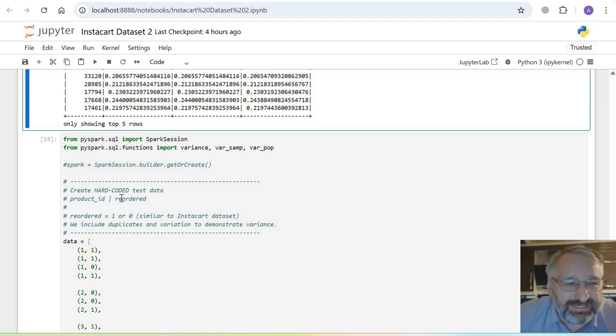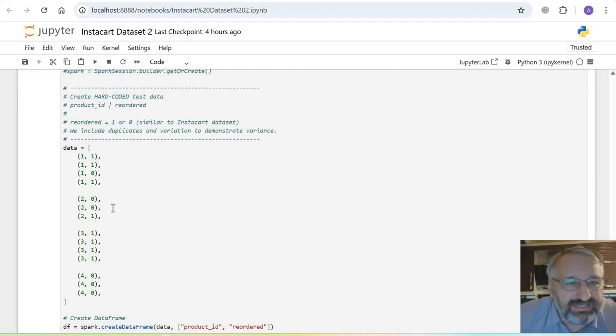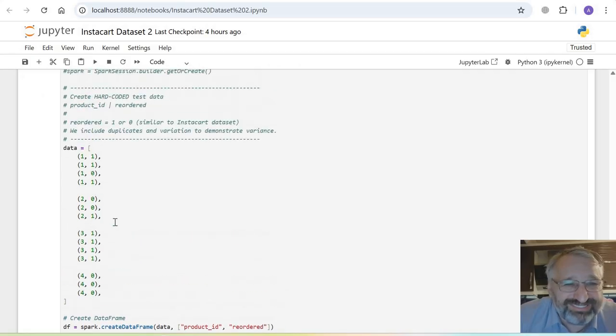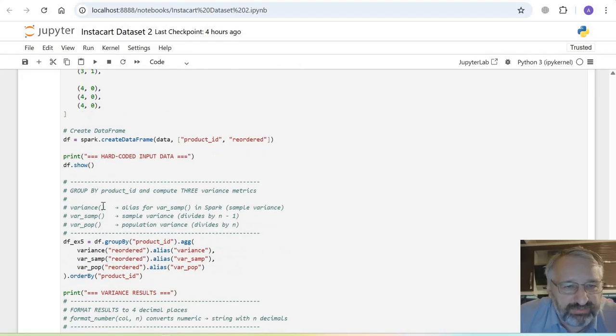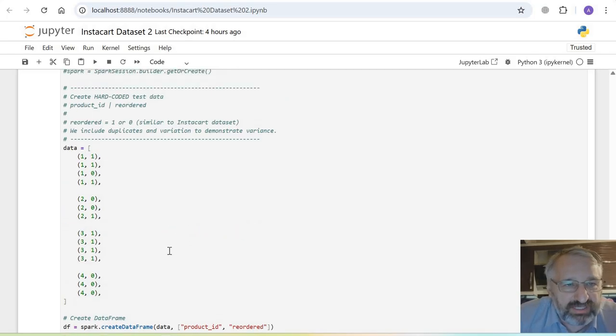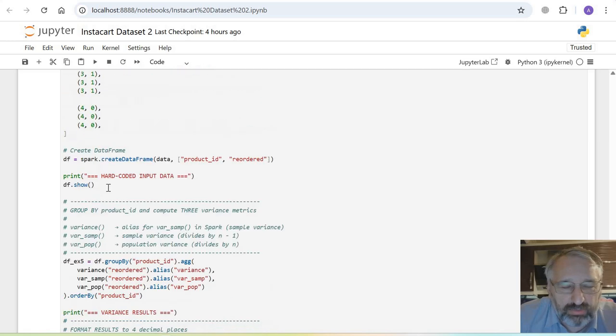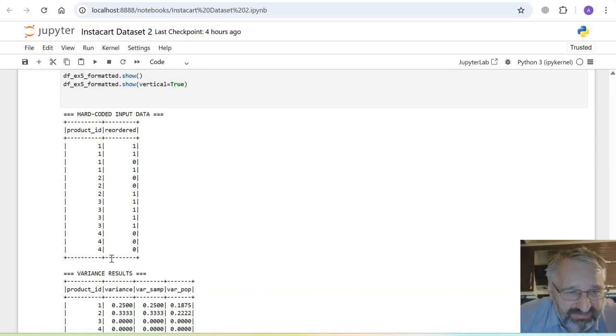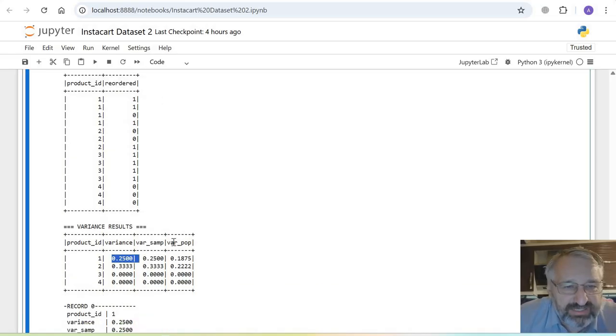Okay, next thing. Here is an illustration based on some fake or sample data for this variance. So you can see we have 1, 1, 0, 1. And yes, this is the data. And here variance sample, variance pop. So pop is divided by n, and variance is divided by n minus 1.